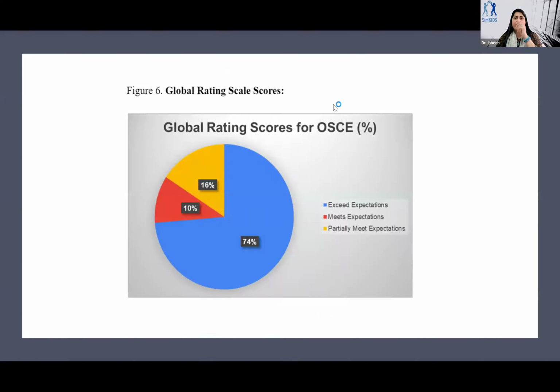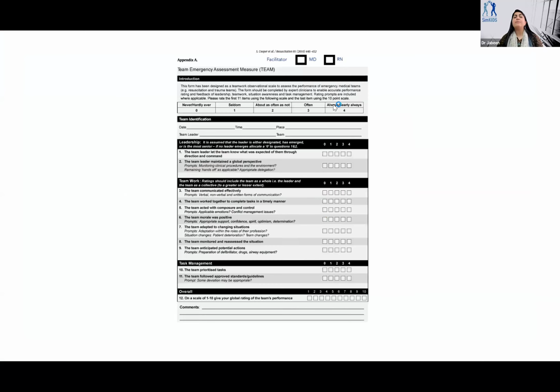Their OSCE scores, almost more than 74%, exceeded the expectation. And for the first time, we tried to incorporate the team dynamics or crisis resource management in their training, where we teach them how to work as a team, how to be a team leader in a resuscitation scenario, and how to work together with the interprofessional team.